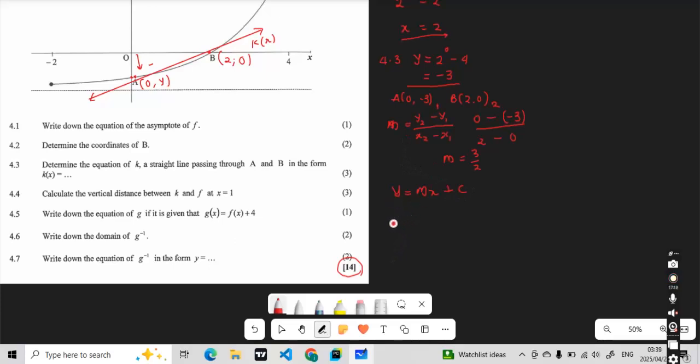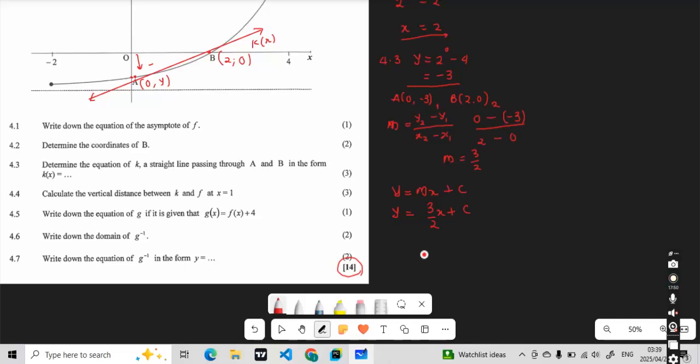So now we have y to be equal to m, which is 3 divided by 2, x plus c. So we have our y as minus 3. Okay, we can substitute either a or b to find c.